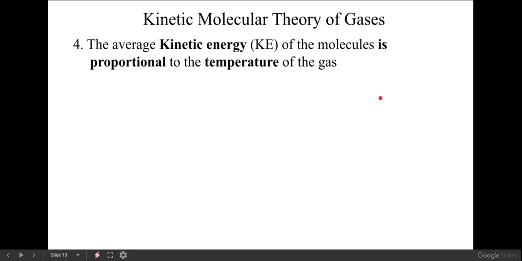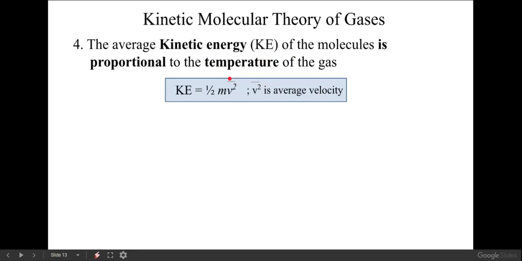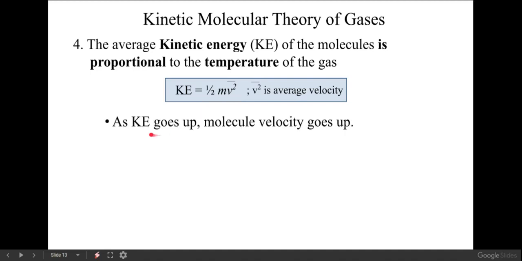The last part is that the average kinetic energy of a molecule is proportional to temperature. So from physics, you should remember that the kinetic energy of something is 1/2 times its mass times velocity squared. Again, this line over here is just noting that it's average velocity. Well, using this, we can point out that as temperature goes up, kinetic energy goes up, mass isn't going to change.